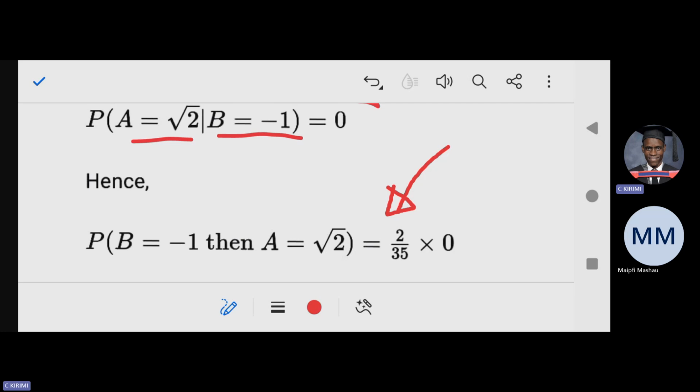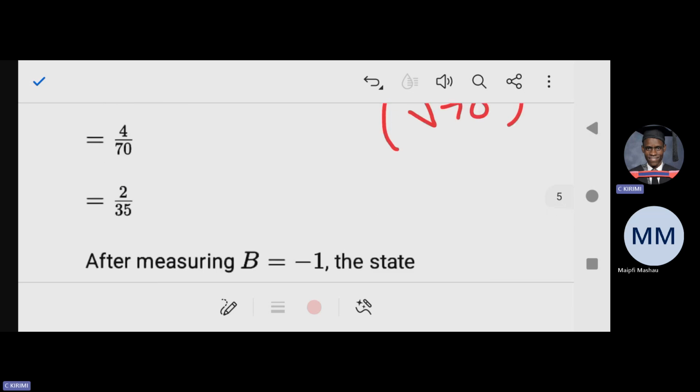So these things are coming immediately after. So the probability of A, then B must be -1, so then A must be root of 2. This is for question P, which is now vice versa. So first, you must have the probability of B, which we found, and the probability of A being root of 2, which we found in the earlier question, to be 0.